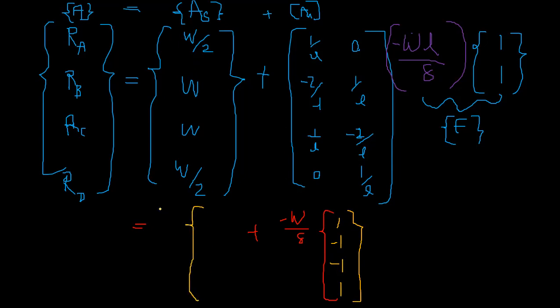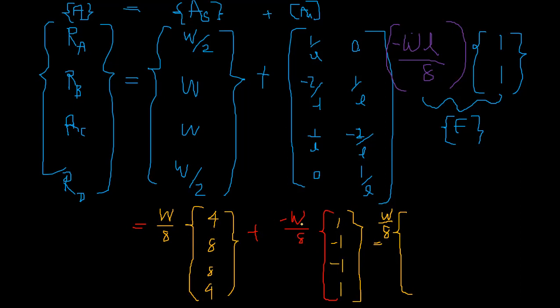So you can take W over 8 out. Here also W over 8 out. That's why. If you take 8 out, so this is going to be 4. This is going to be 8. This is going to be 8. This is going to be 4. So your final answers would be W over 8 into 4 minus 1.